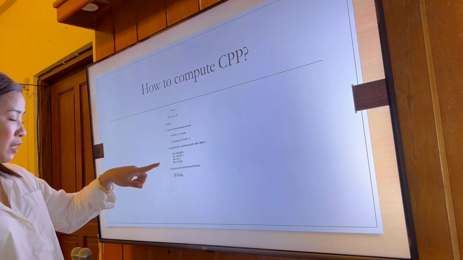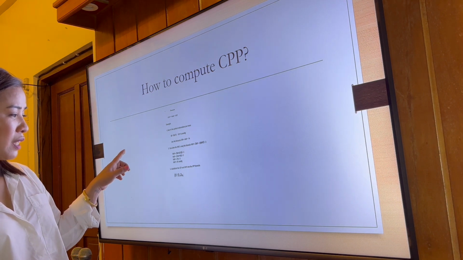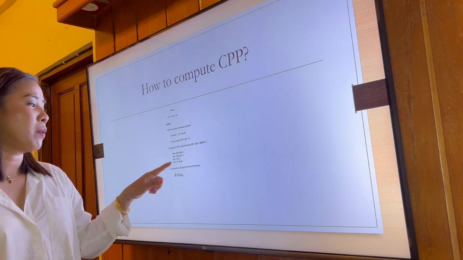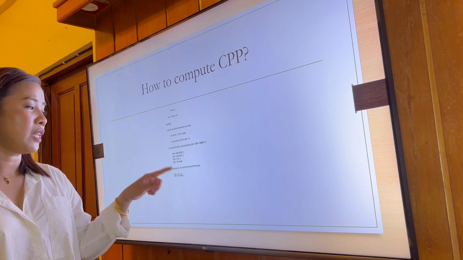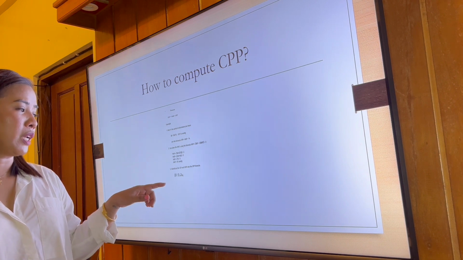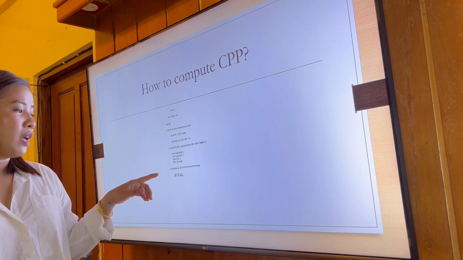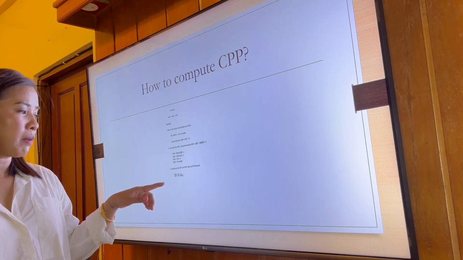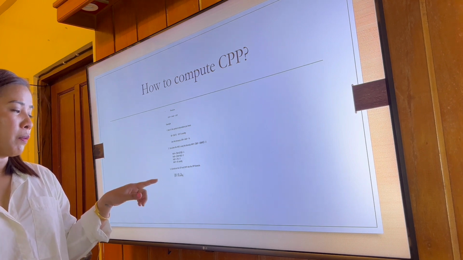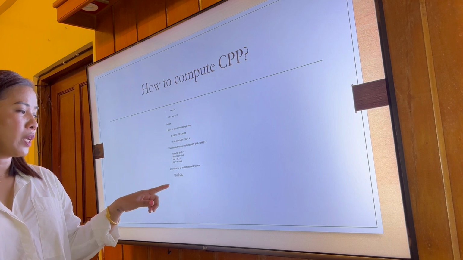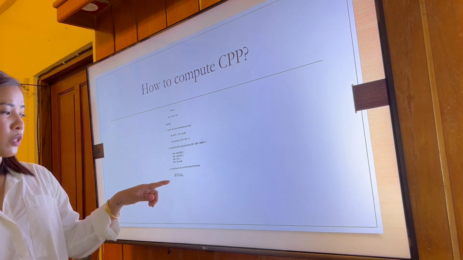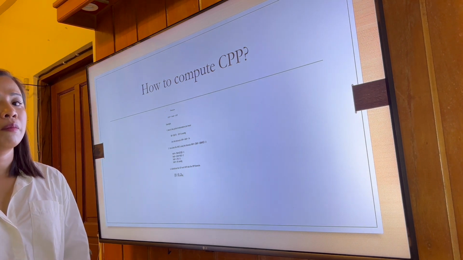And that would be 276 divided by 3. And our MAP is 92 millimeter mercury. Then we substitute ICP and MAP using the CPP formula. So we got the result of 78 millimeter mercury.